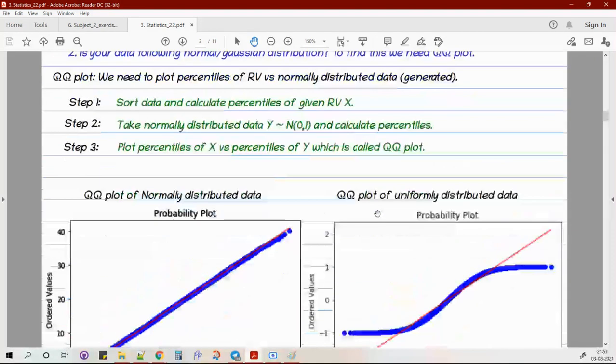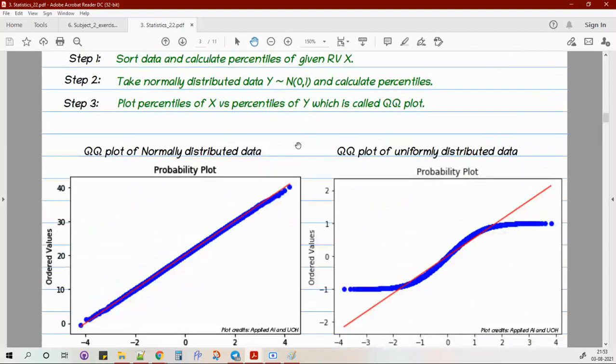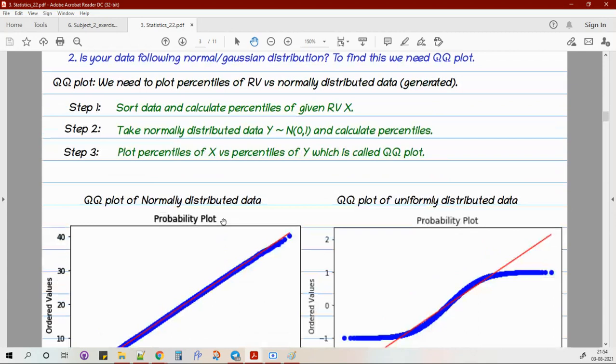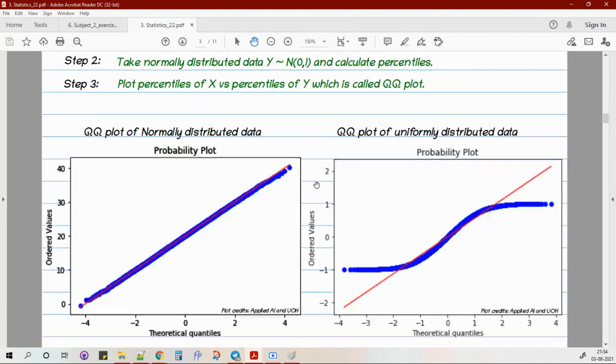Okay, let's see what a QQ plot is and how to get it. The QQ plot is a very simple strategy to find out if your random variable is following the normal distribution, or Gaussian distribution, or not. So we will take our random variable, whatever data we have, 1,000 values or 10,000 values, anything.